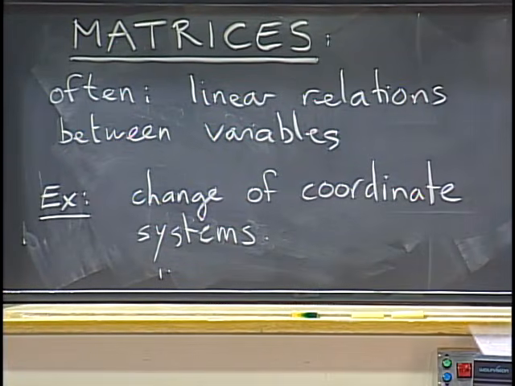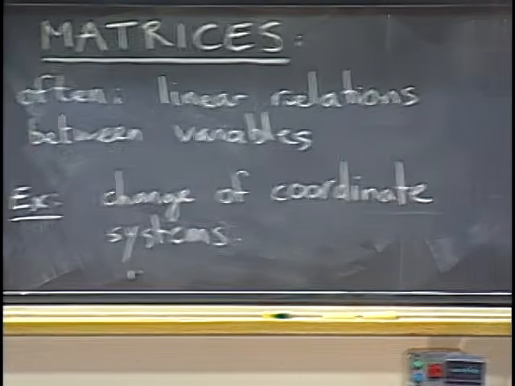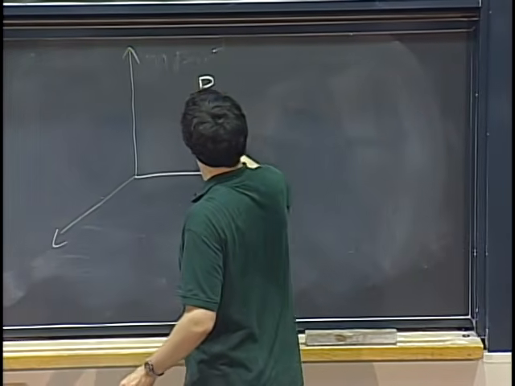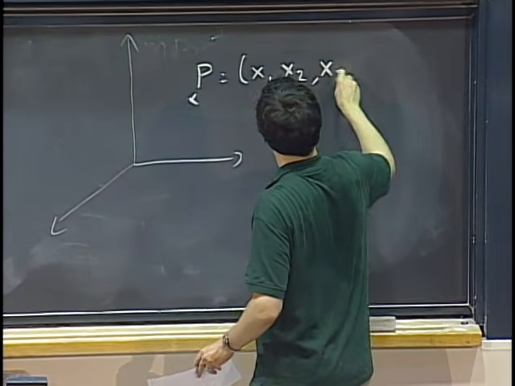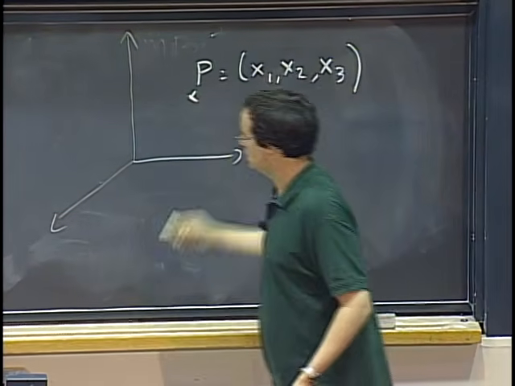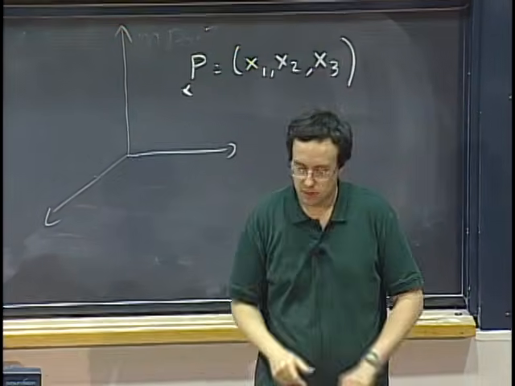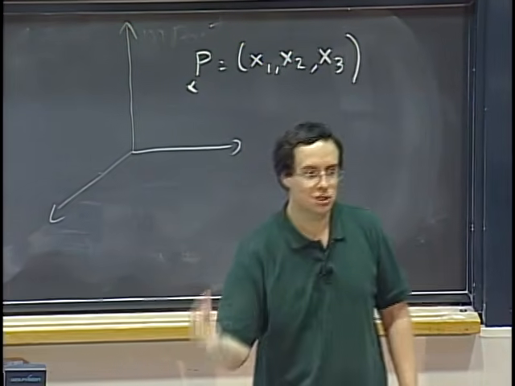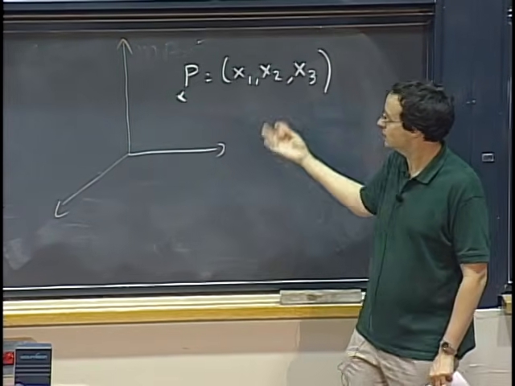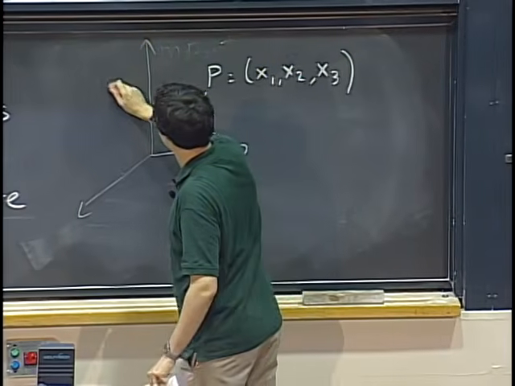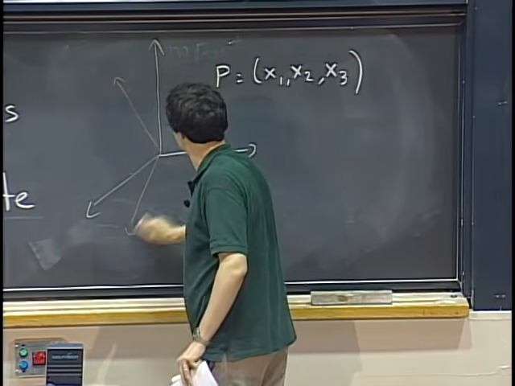so for example, say that we're in space, and we have a point, so its coordinates might be, let me call them x1, x2, x3 in my initial coordinate system. But then maybe I need to actually switch to different coordinates to better solve my problem because it's more adapted to other things I will do in my problem. And so I have other coordinate axes.